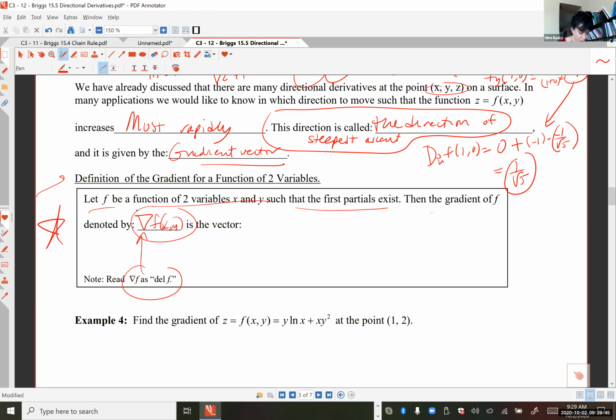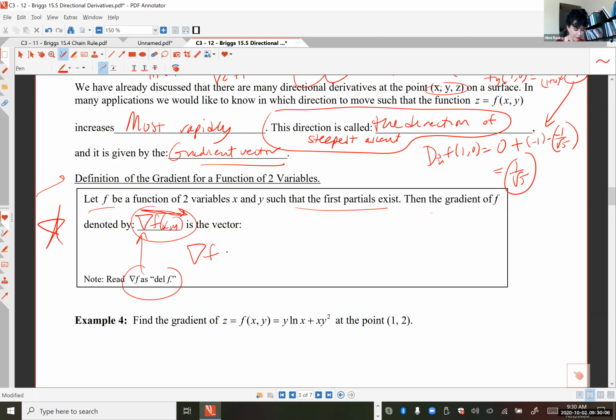Now, technically, I should put a big arrow on the top because this is a vector. But if you'll forgive me for the rest of the semester, because gradients are known to be vectors, I'm going to drop the vector notation for my del f gradients, okay? Just because it's awkward.